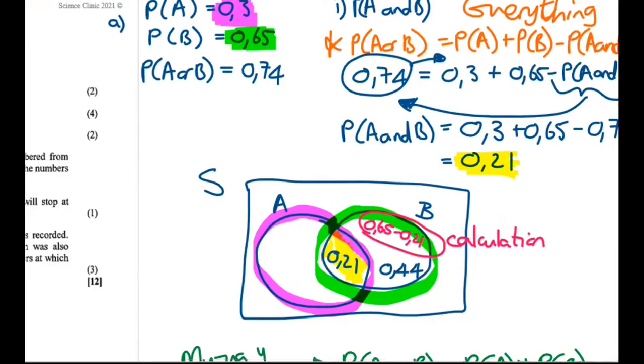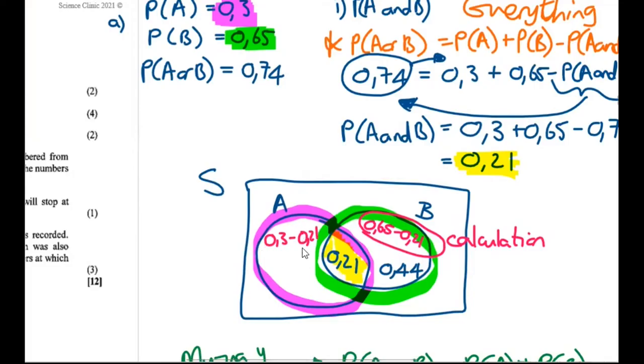I did see somebody correct themselves. Now I'm going to make sure you know why. This entire circle has to be 0,3. So we're going to take the 0,3, but I've already written down 0,21, so I'm going to subtract the 0,21.